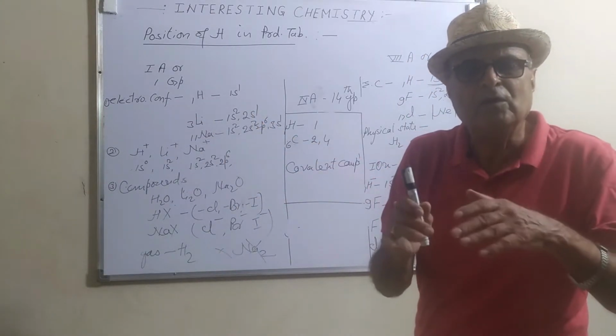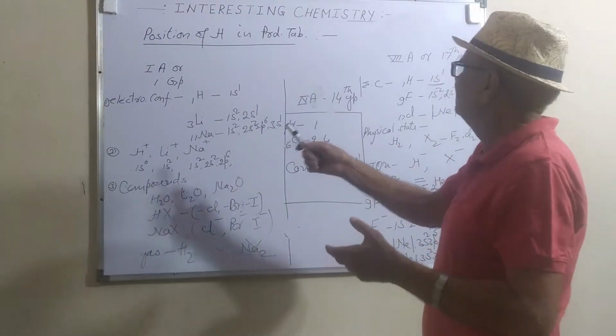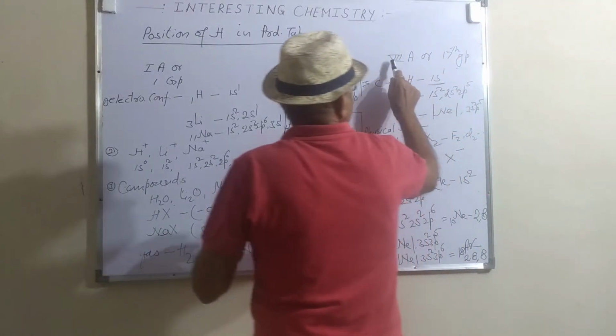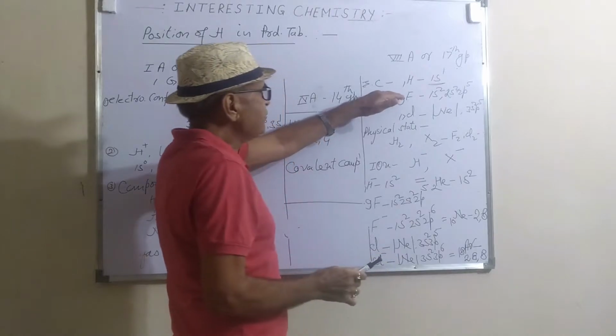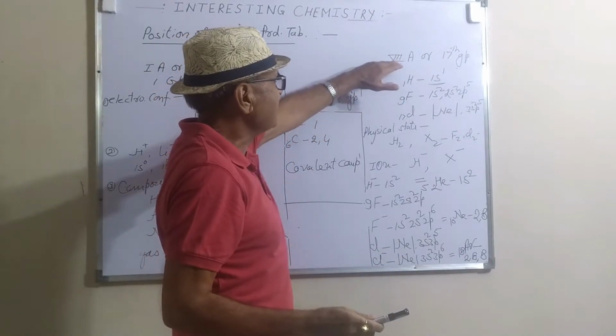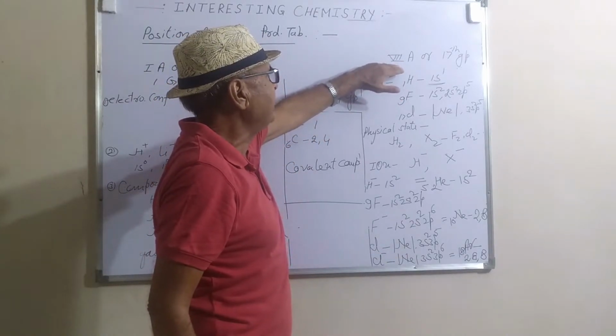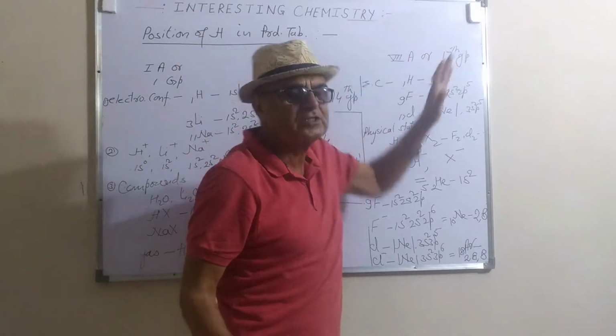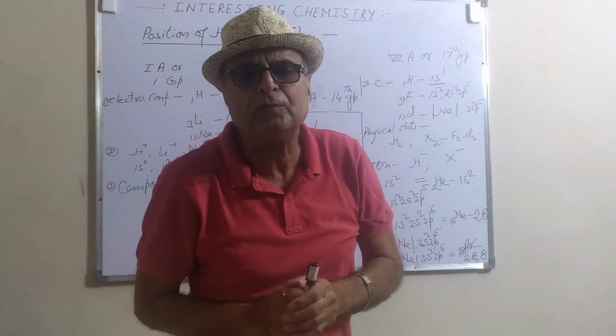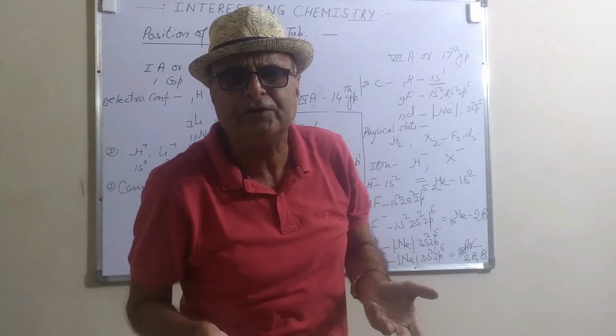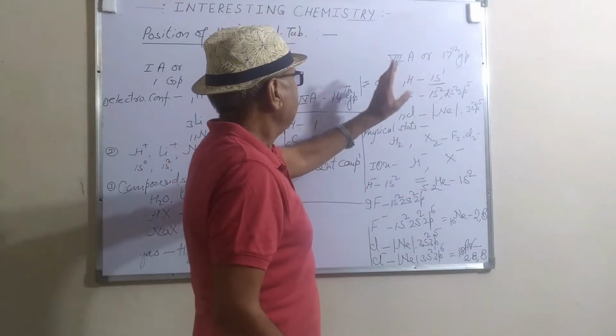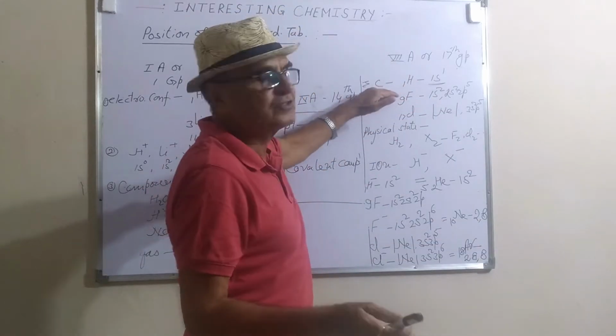Now we are going to the second, the seventh A group. Hydrogen may also be placed in group 7A according to the Mendeleev periodic table, or in the 17th group of the modern or long periodic table. So how will you justify?